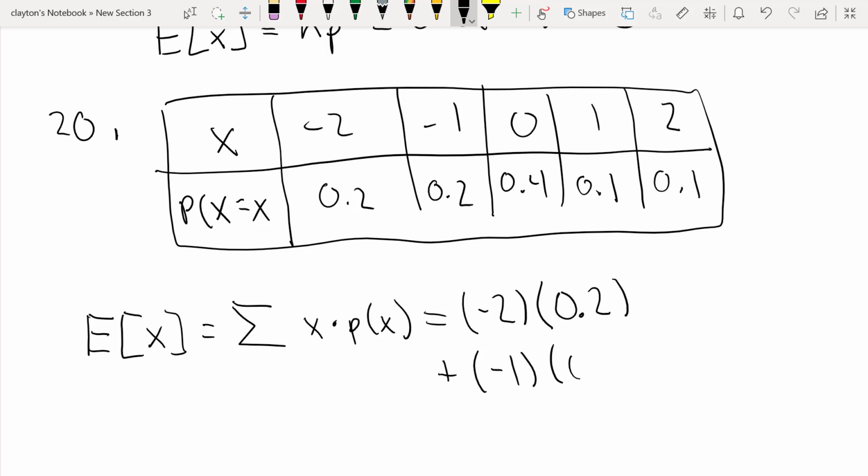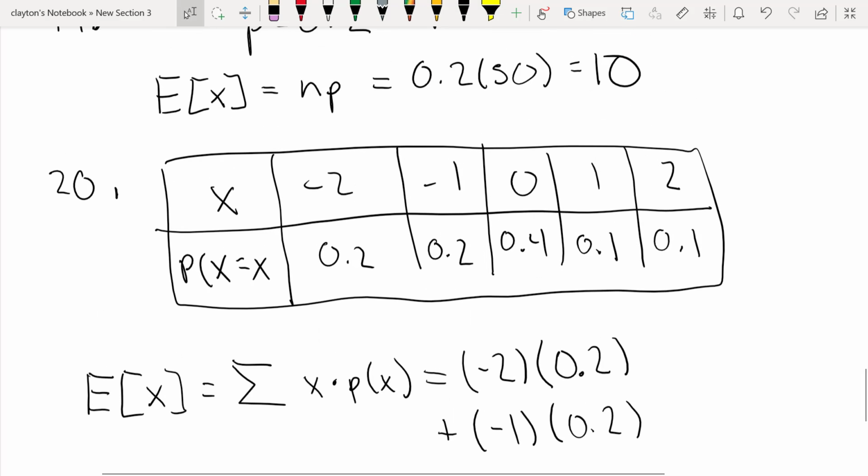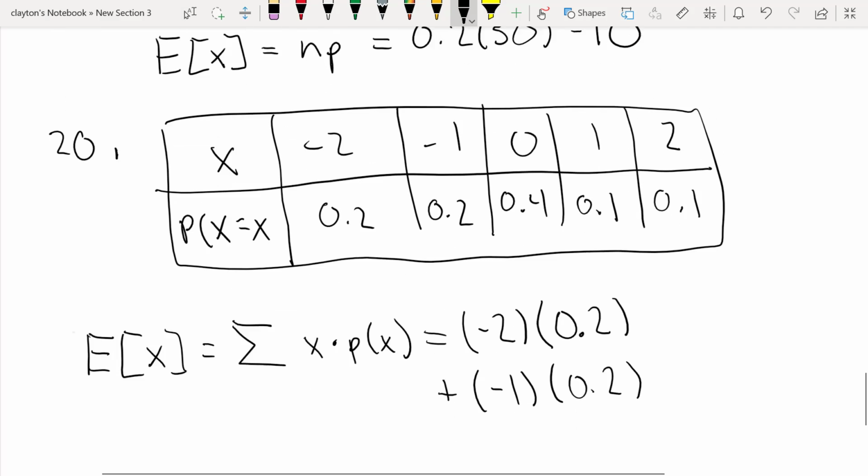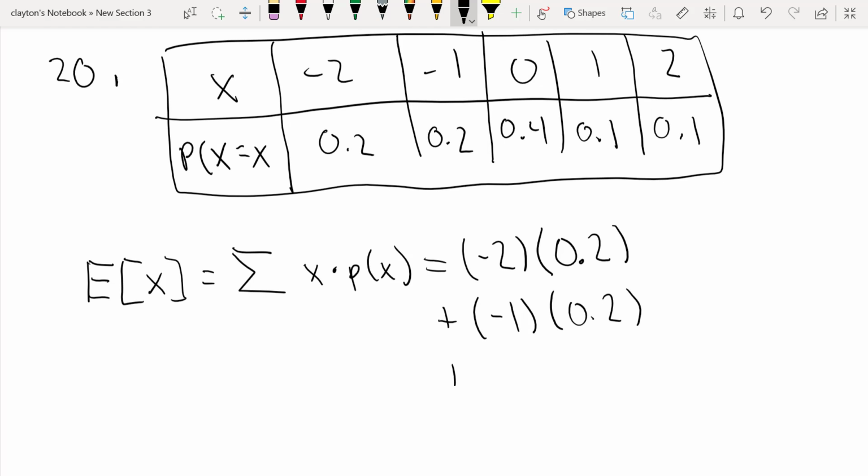-1 times 0.2, that's the probability of getting -1. Now you can write this if you want to for completeness, but 0 times anything, right? 0 times 0.4 is going to be 0, so I'm just going to skip over it. Plus, our x value is 1. The probability of getting 1 is 0.1. Plus our x value is 2 times the probability of getting 2 is 0.1 as well.